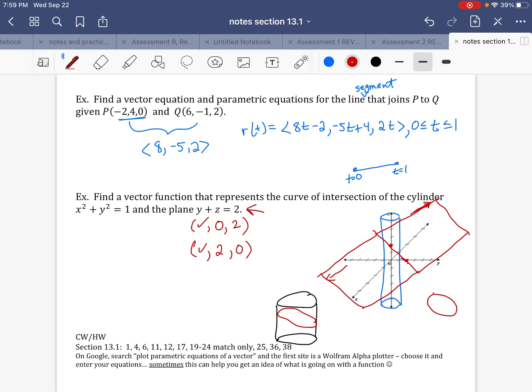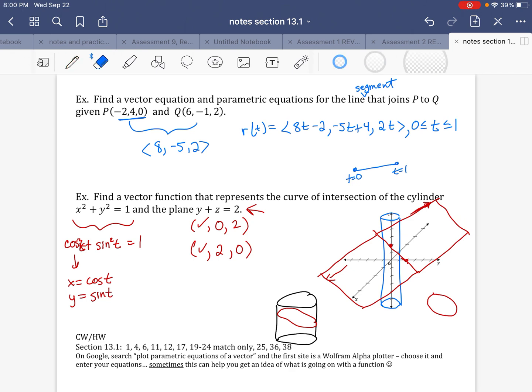So remember, if you want something circular, then we're going to have what we had earlier with the cosine and the sine. So remember, x squared plus y squared equals 1. We could substitute in cosine squared t plus sine squared t equals 1. So what we're going to do is let x be cosine t, y is sine t.